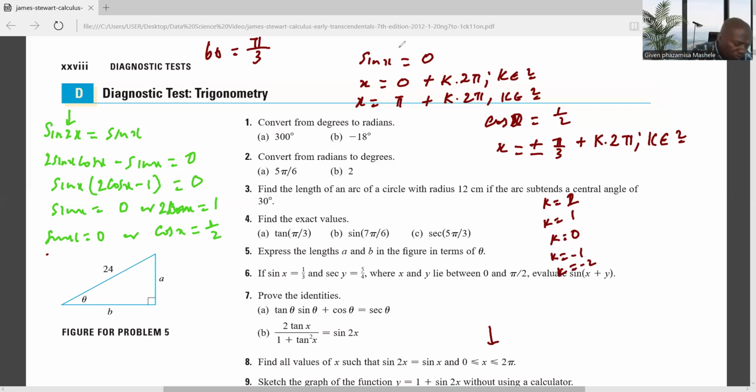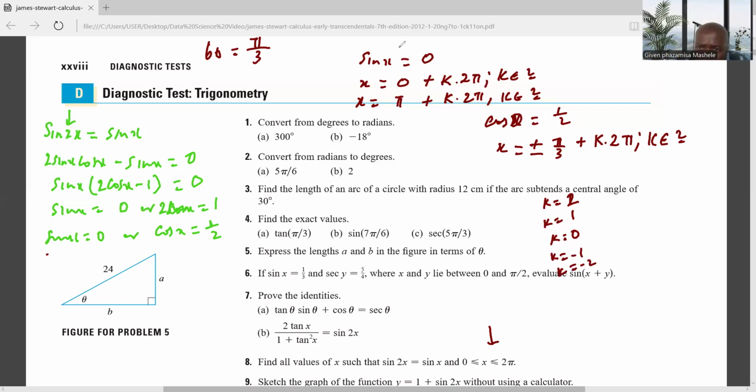And what is 7 pi over 3? Remember, pi is 180, so 7 times 180 divided by 3 is a bigger angle, so we're not going to take it. So let's take the other one, 2 pi minus pi over 3, which is 6 pi minus pi, which is 5 pi over 3. 5 times 180 divided by 3 is 300, so 5 pi over 3 is also part of the answer.